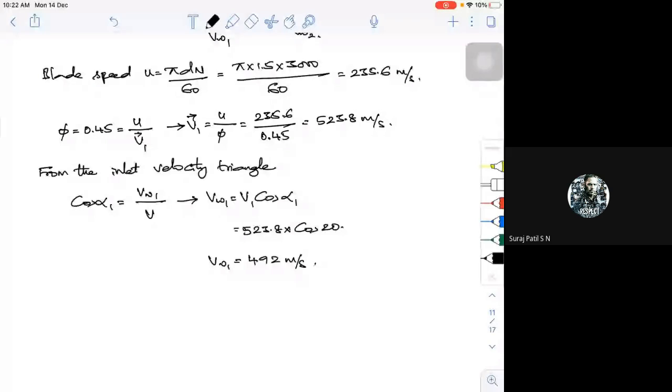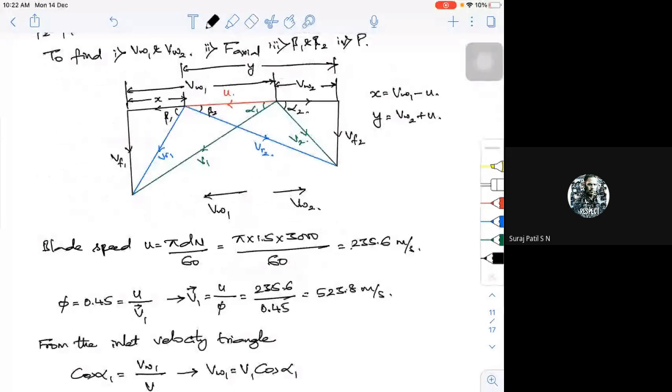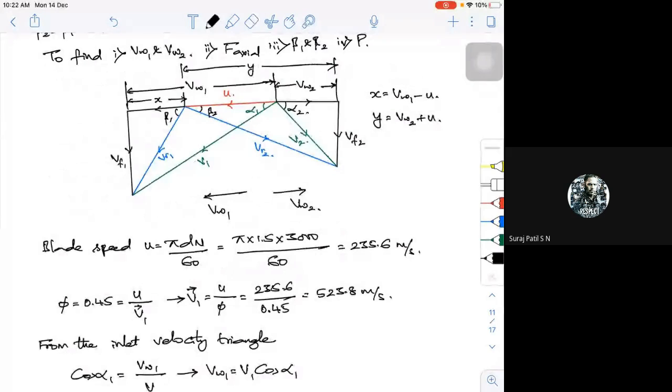So now I can find the angle beta 1. What is tan beta 1 from the inlet velocity triangle? Tan beta 1 is equal to your Vf1, that is the opposite side, divided by your adjacent side x.